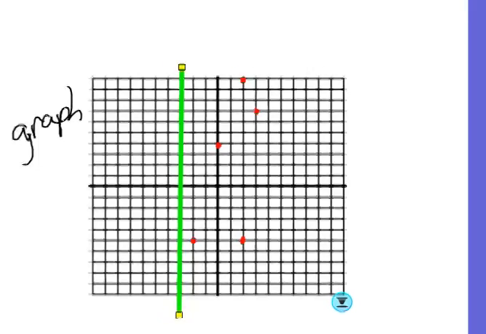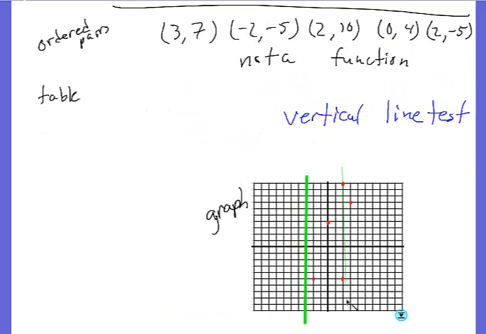So if we look here, when I draw my vertical line through x equals 2, it hits 2 points, so therefore it's not a function. This is a way you can check and see if a relation is not a function graphically if you're not given the coordinates. Okay. Again, that's the vertical line test.